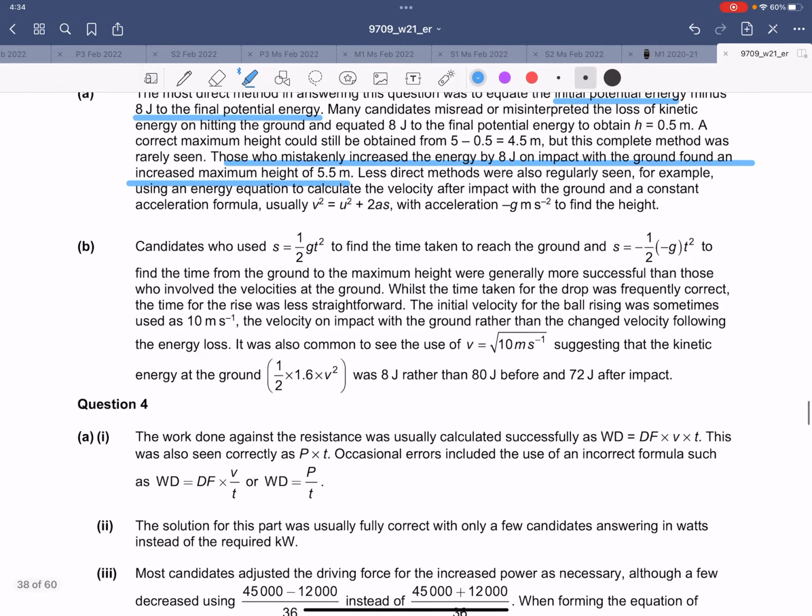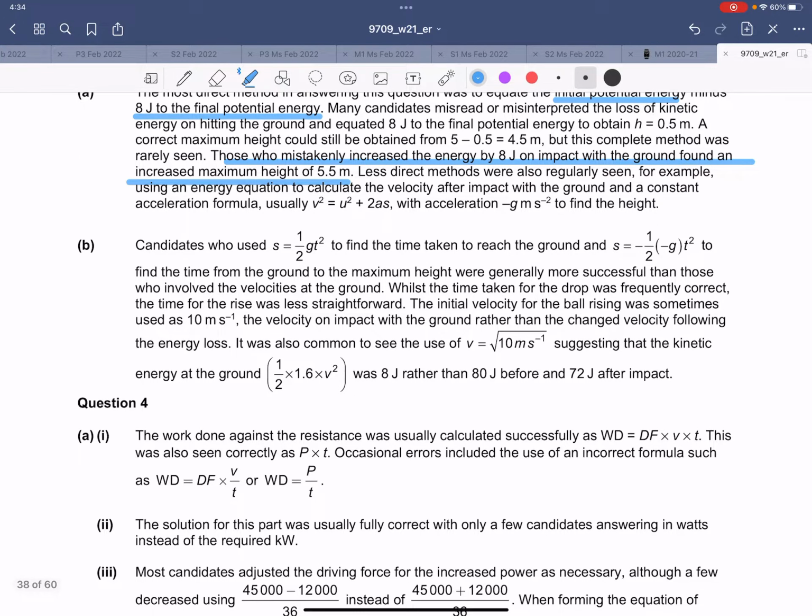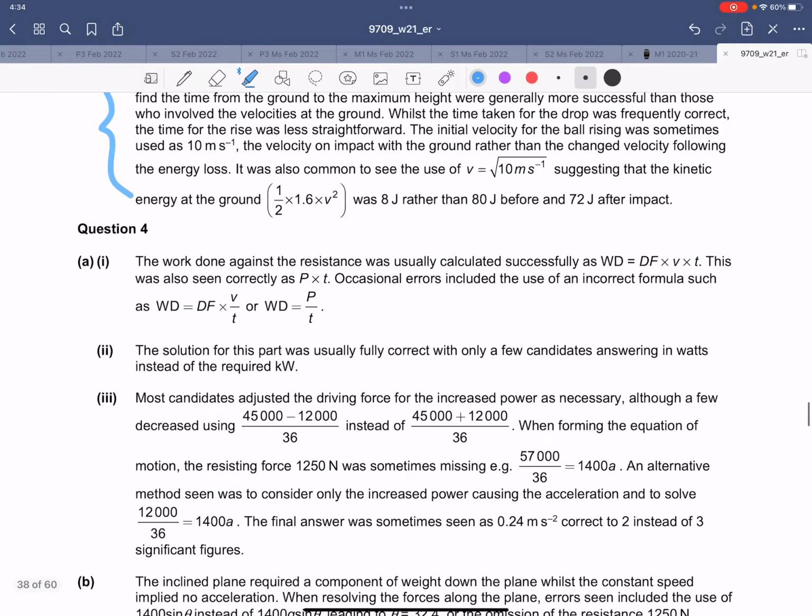And then the second part was maximum height, velocities. Correctly, the initial velocity was sometimes used. I think what we have done, using that maximum height and the velocity with which it hits the ground, that's more than enough. You will get confused if I read it a little bit further.